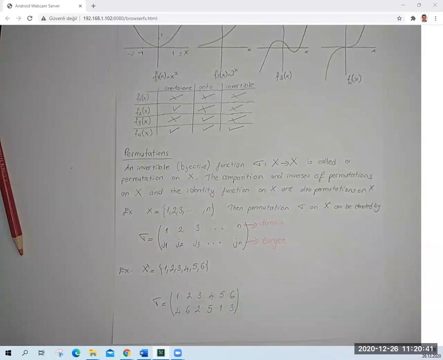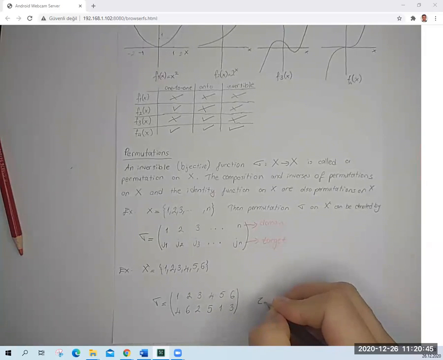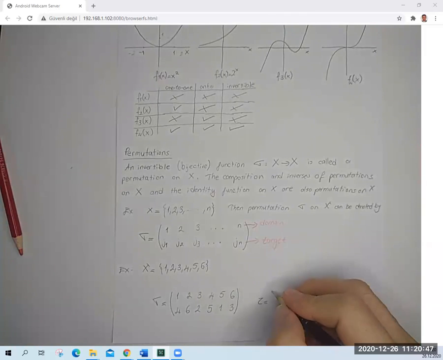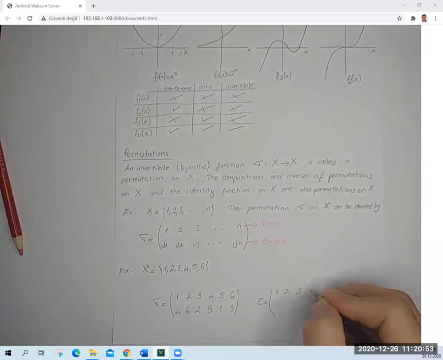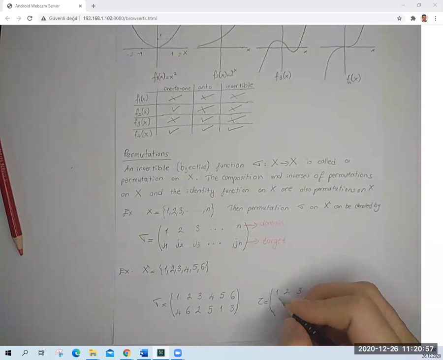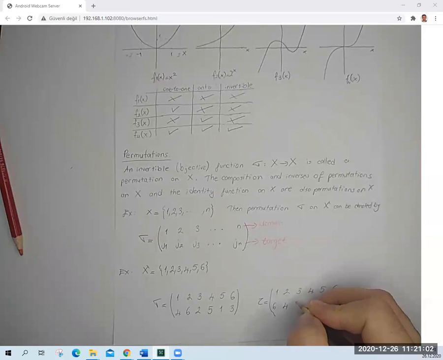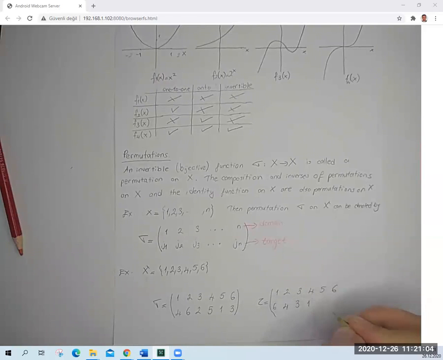And let's write one more, tau. Again, we have domain 1, 2, 3, 4, 5, and 6. And 1 goes to 6, and 4, and 3, and 1, 2, and 5.